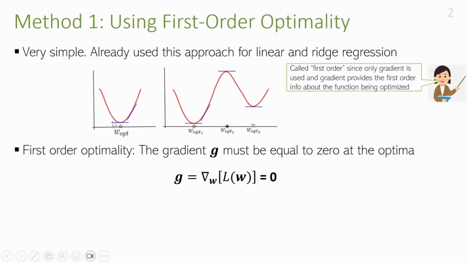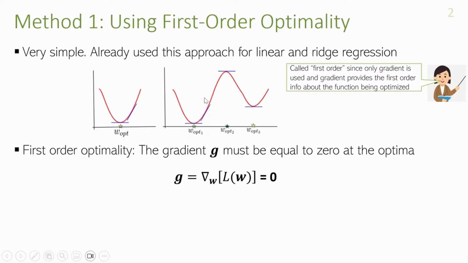Since for this optimal value the slope will be zero, you will set this differentiation equal to zero, right? Because the slope is zero, the gradient is zero. So this gradient has to be zero, right? You will use this fact, gradient equal to zero, and you will calculate the values of this unknown parameter theta, right?